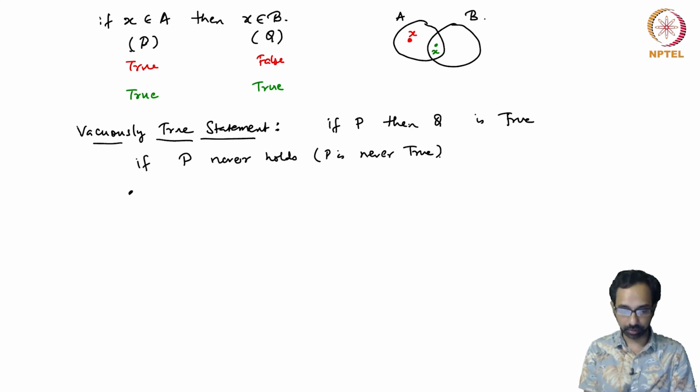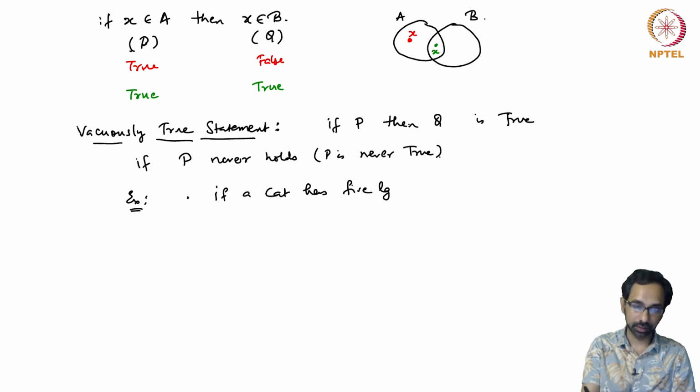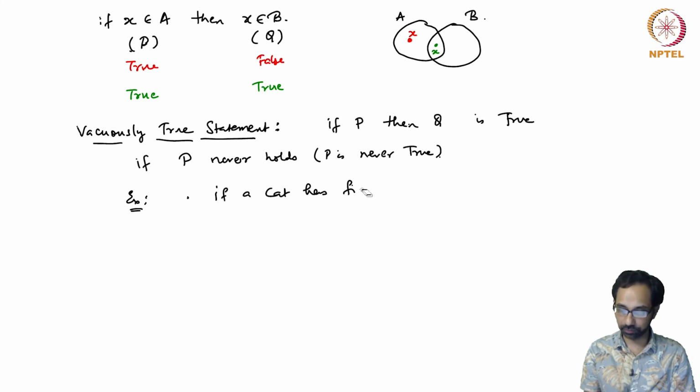An example is the following. If a cat has 5 legs, well, let me write 50 legs, because 5 legs might still be possible.